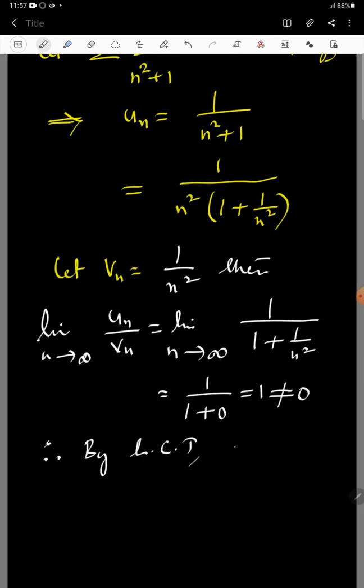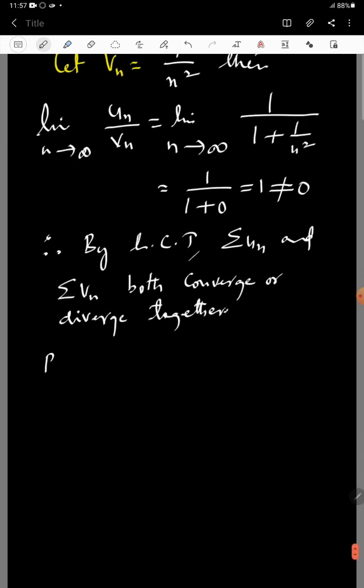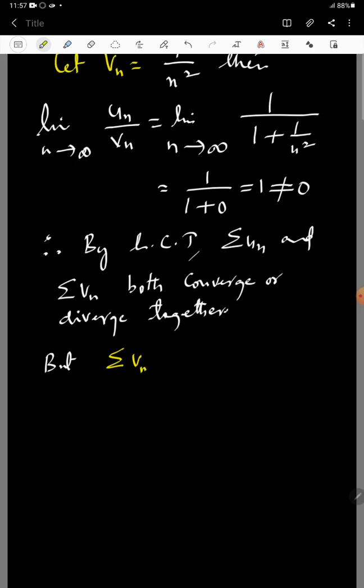Therefore, by limit comparison test, sigma un and sigma vn both converge or diverge together. But we know about sigma vn. But sigma vn is equal to sigma 1 by n square, which is convergent.